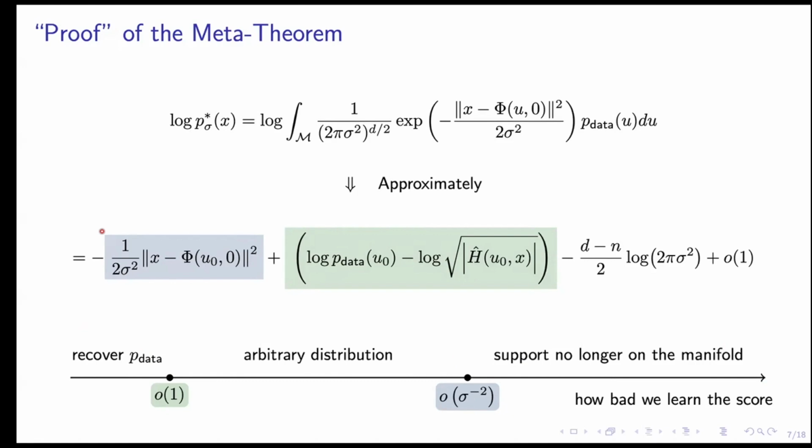That forces our distribution to be supported on the manifold, so we have, for instance, realistic photos. However, the density information is lost, so you can generate an arbitrary distribution on this manifold. And of course, if we know the score even worse, then the support is no longer even on the manifold, and we cannot recover a meaningful distribution on the manifold.